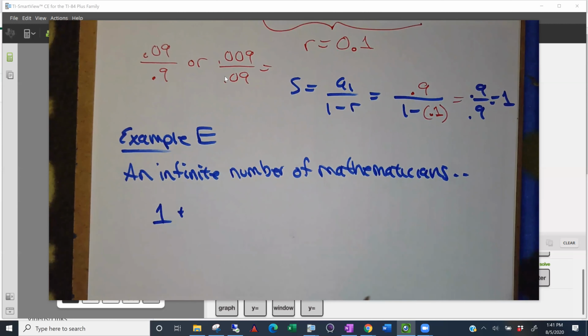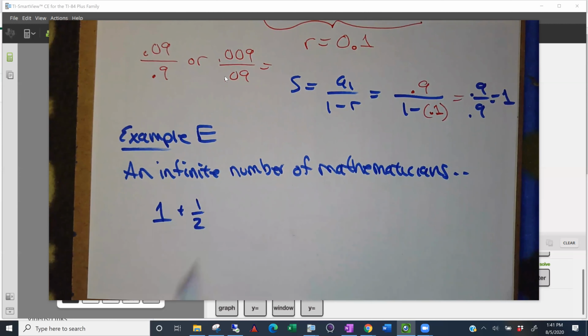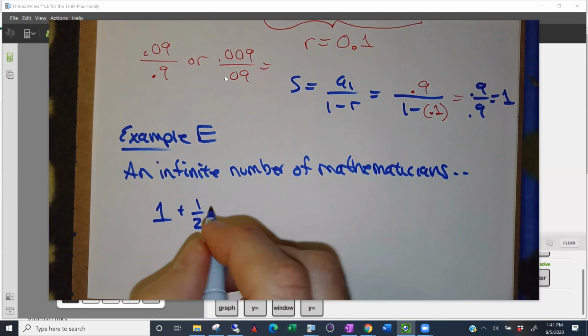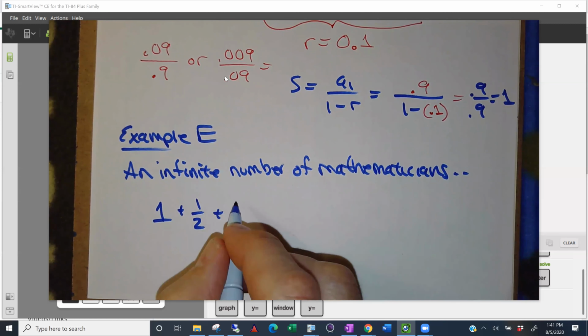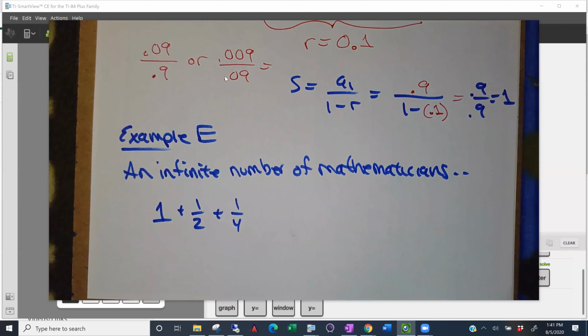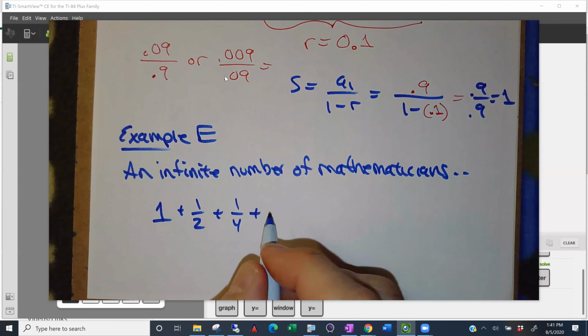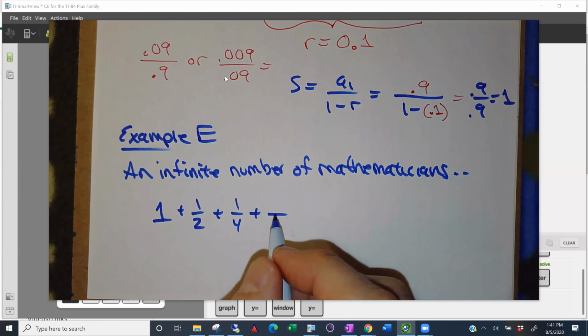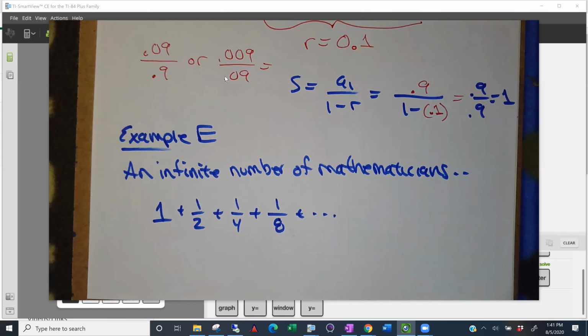The second one orders half a beer. The third one orders 1/4 of a beer. Can you figure out what the next one orders? 1/8 of a beer. And before the fifth one can order, the bartender says, stop, stop. And he puts 2 beers in front of him. He says, you know your limits.